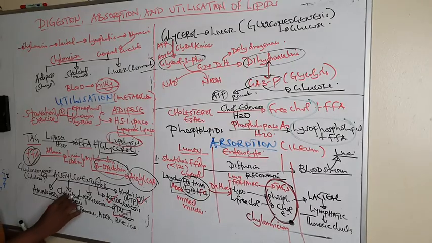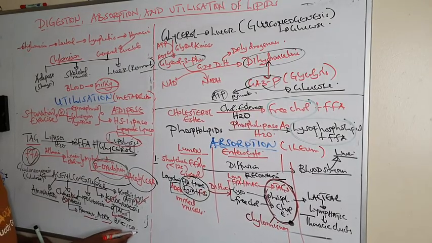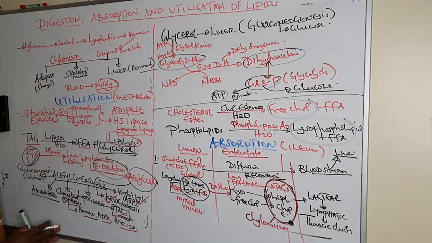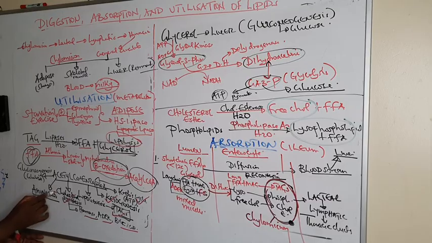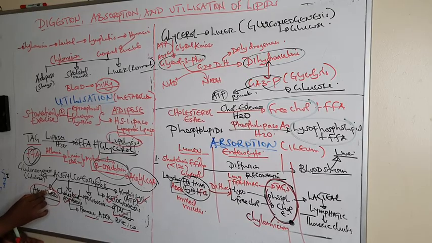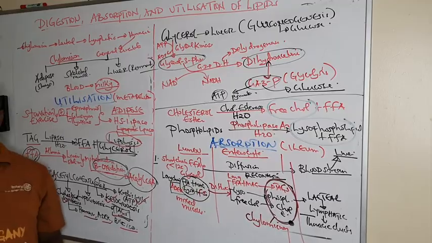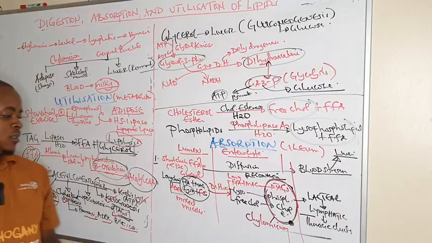And if we need cholesterol for hormones like testosterone, fat-soluble vitamins, and bile acids, we form it. Then also we can use it for producing amino acids, and also glucose by gluconeogenesis.